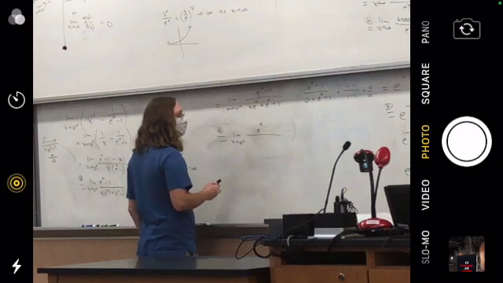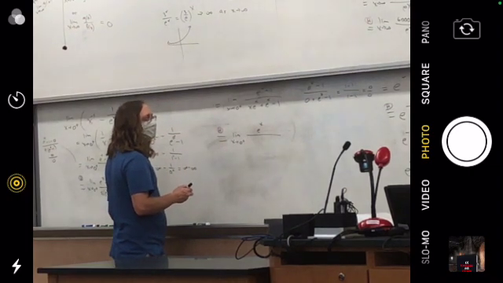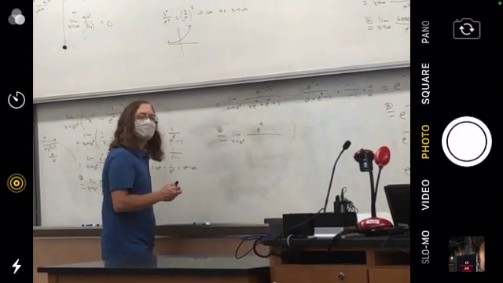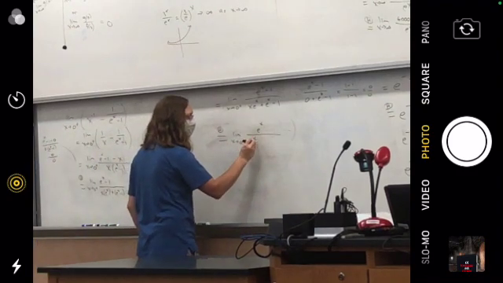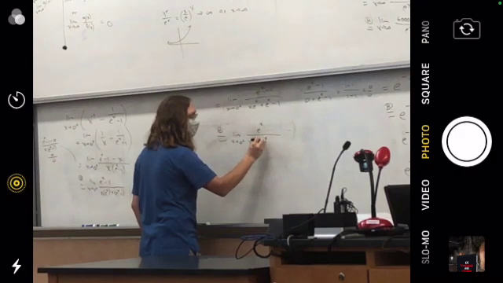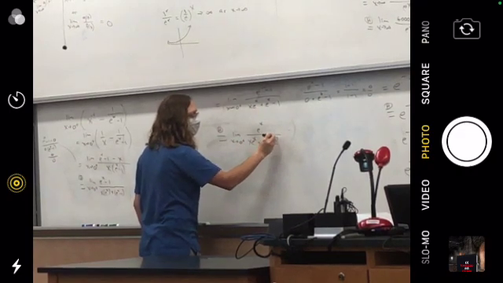What about on the bottom? Still product rule? Yeah. So I get x times e^x plus 1 times e^x plus e^x plus 0.